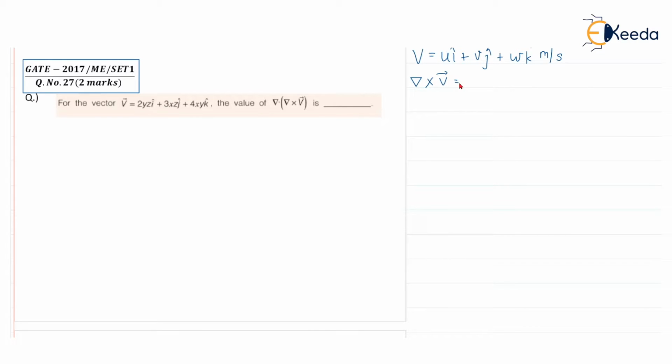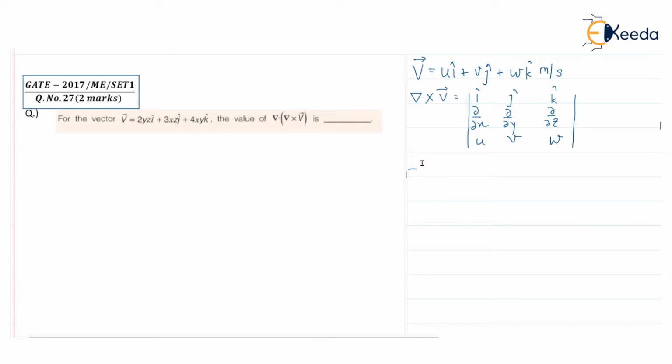Now if you want to write del cross v vector, this can be written in the determinant form: i, j, k; dou by dou x, dou by dou y, and dou by dou z; u, v, w. How to expand this?